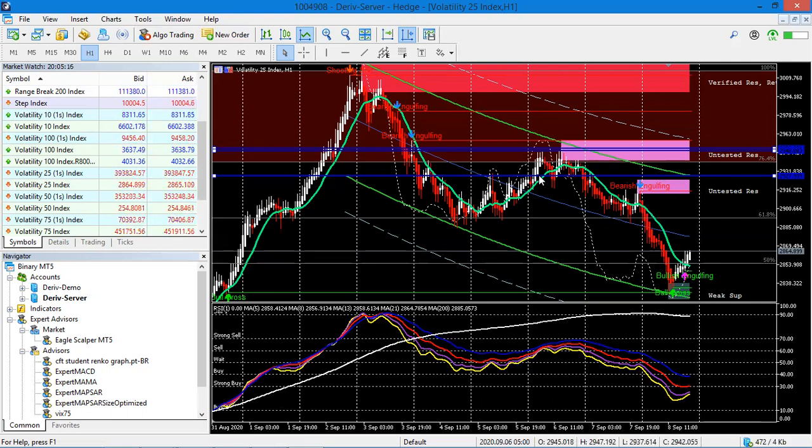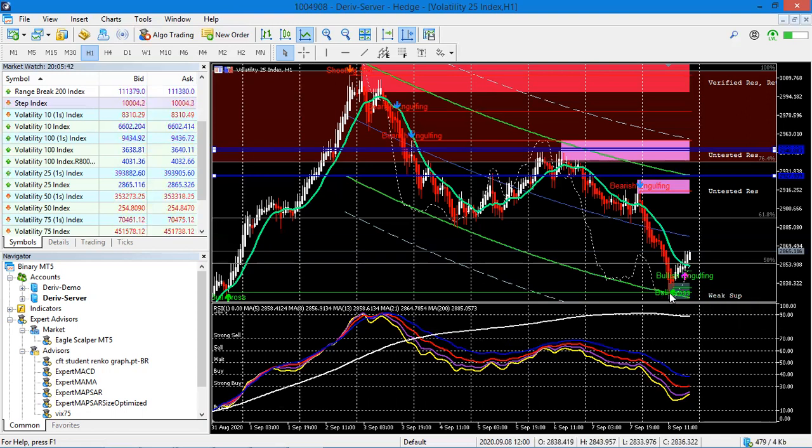Remember, the M's and the W's I'm showing you is what? If it's an M, the price must move down for at least even 4 hours. You understand? Price must move down for at least 4 hours. If it's a W, we take it from what? From the bottom. So you see price has been moving up. It formed a weak support here, right?